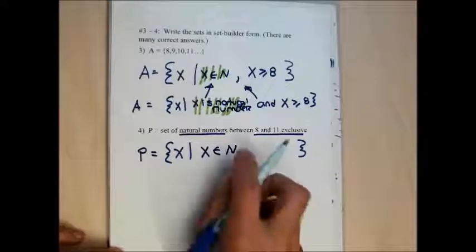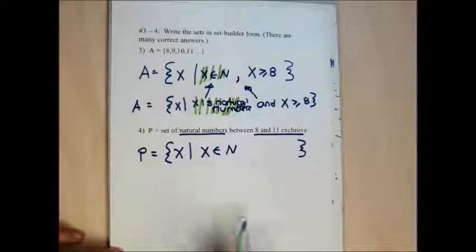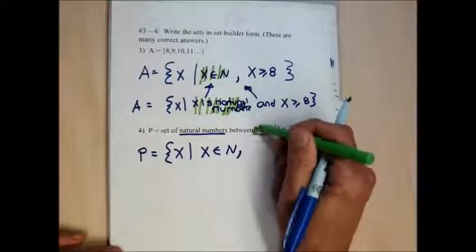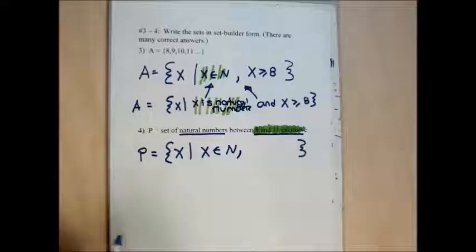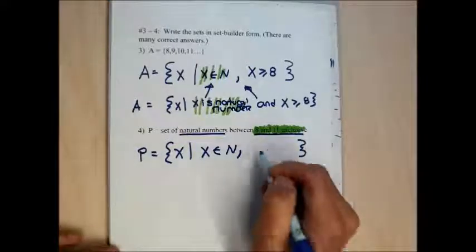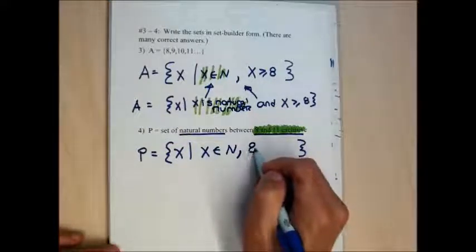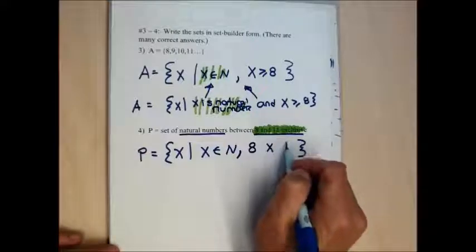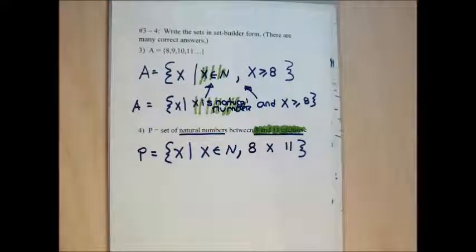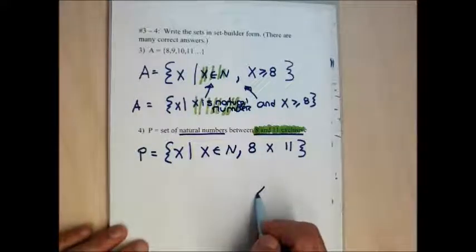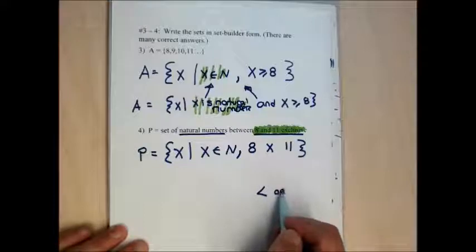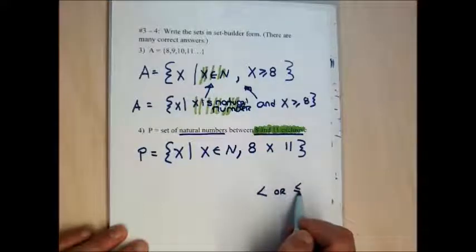After this, I could write a comma or an "and." I like the comma. And then the hard part is to show between 8 and 11 exclusive. Usually in these set builder notations where we have a range of numbers, we have a highest and a lowest number, we put an x between the highest and the lowest number, and the only kinds of symbols that we put between the numbers and the x's is either less than or less than or equal to.